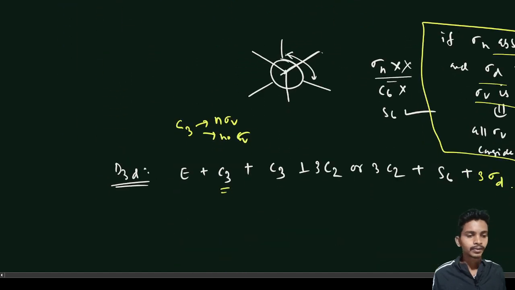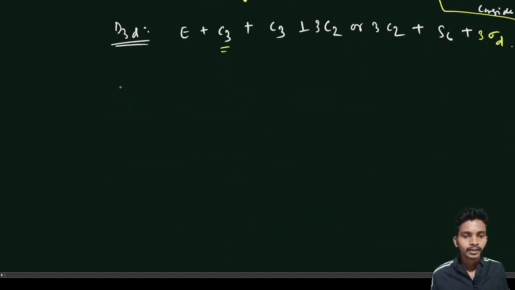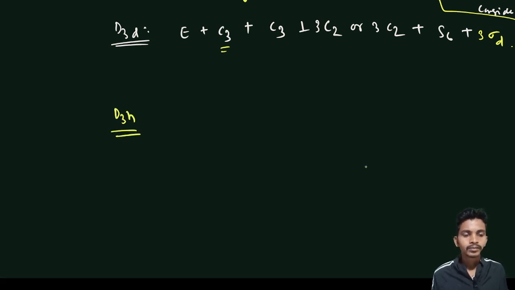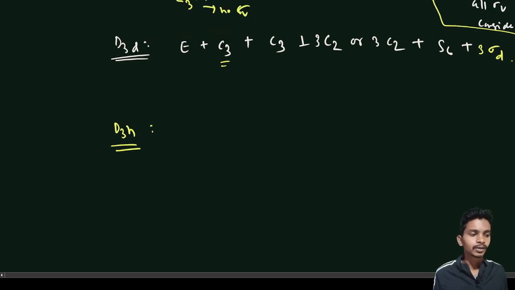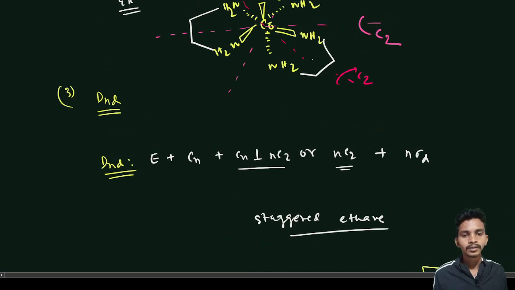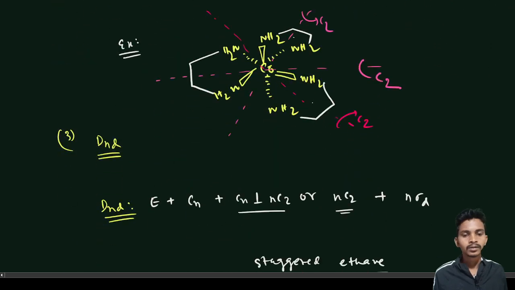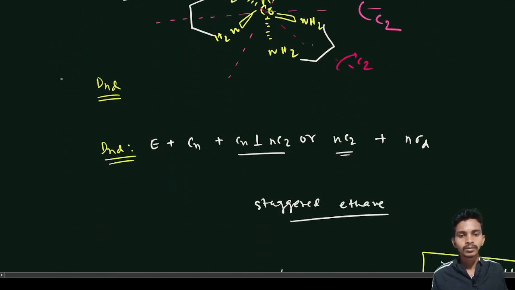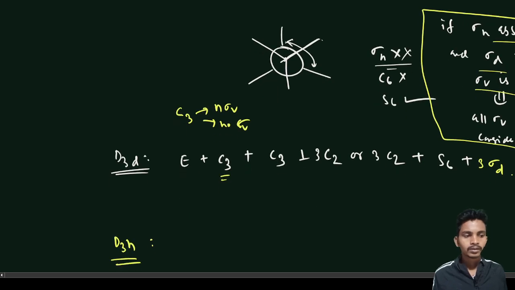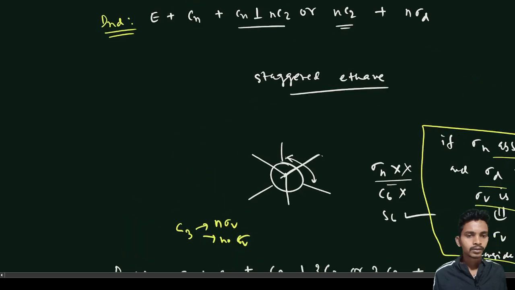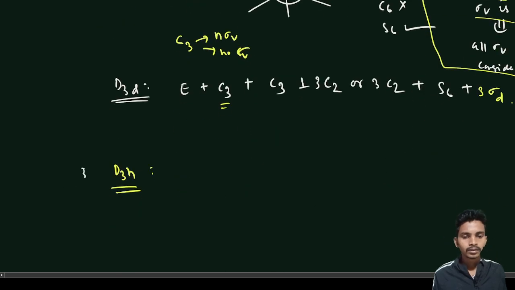Now the last point group for this dihedral family is D3h. D3h point group. So what are the elements there? Let's say this is 2, let's say this is 3.